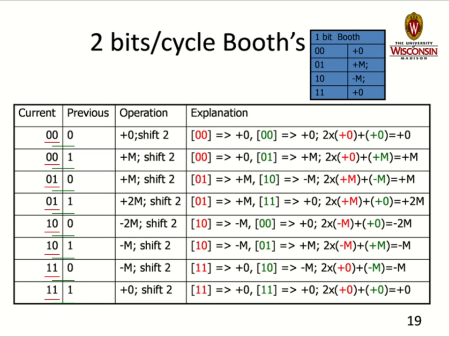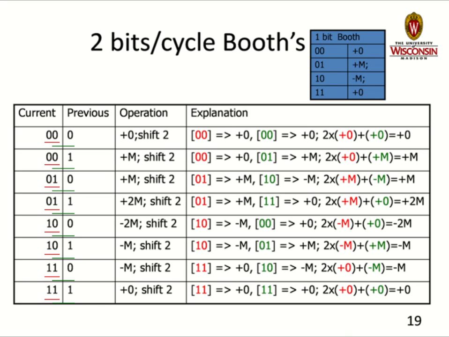How does this work? This table illustrates the rules that were laid out on the previous slide, but supports their correctness by showing how, by following these rules, where you're considering 2 bits at a time, you're going to get the same effect as you would have had you applied the 1-bit Booth's algorithm to first the 2 bits on the right and then the 2 bits on the left.